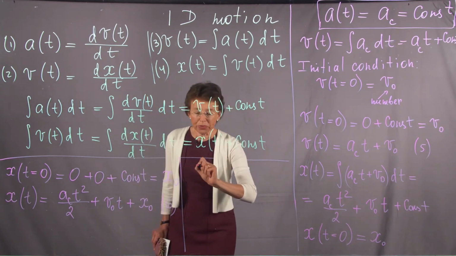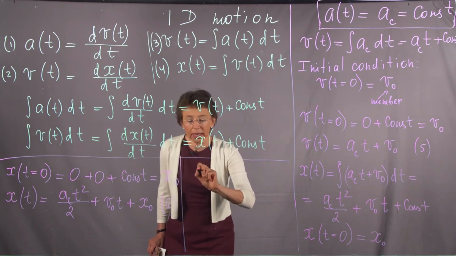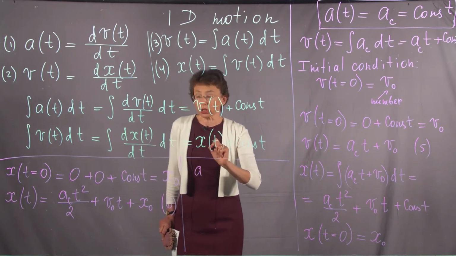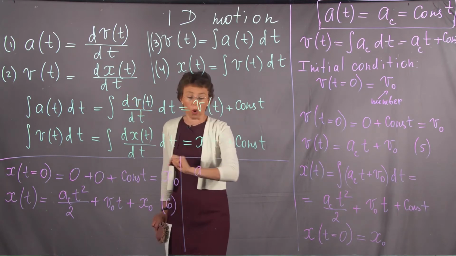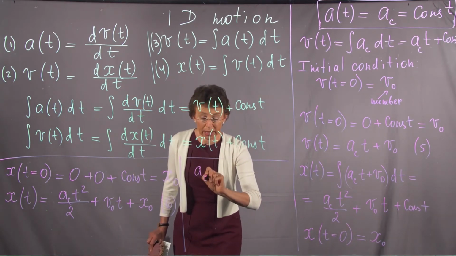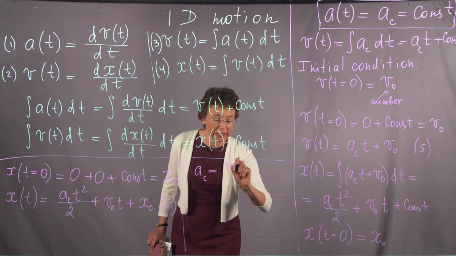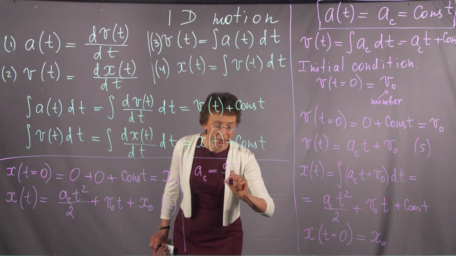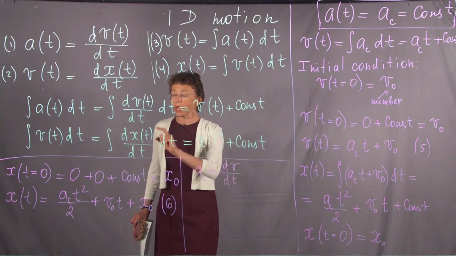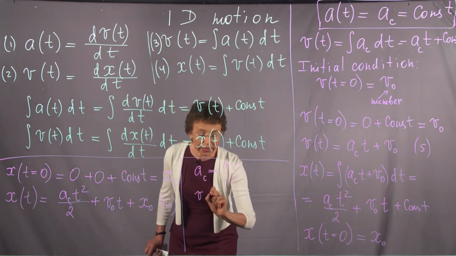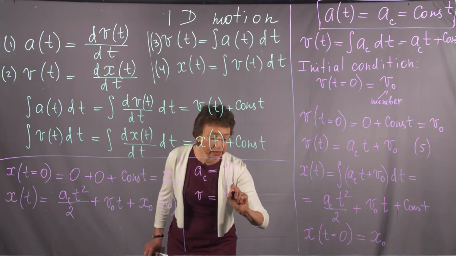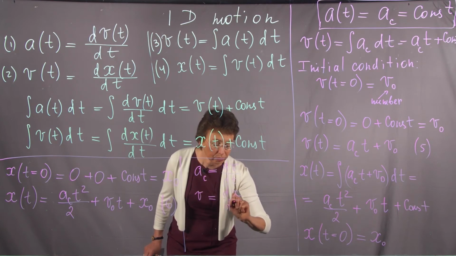Let's do that. The easiest way for me to derive it is to use definitions 1 and 2. Just keep in mind the acceleration is constant. So a_c is dv dt. That's the first equation that I will use. And the second equation is v is dx dt.